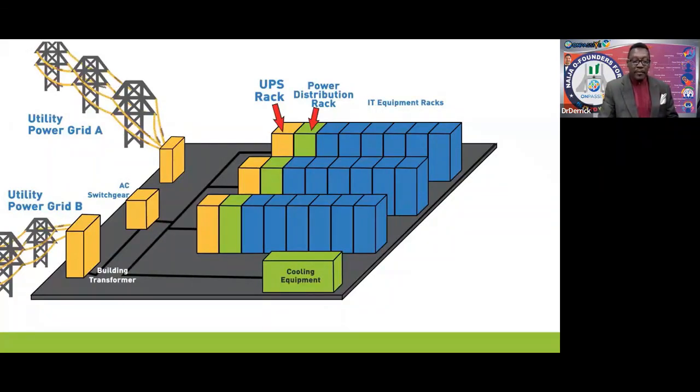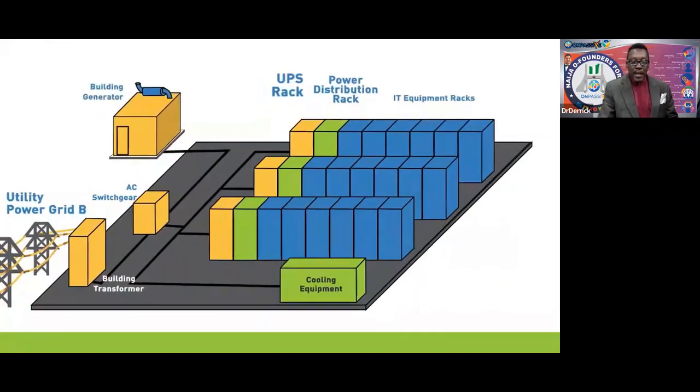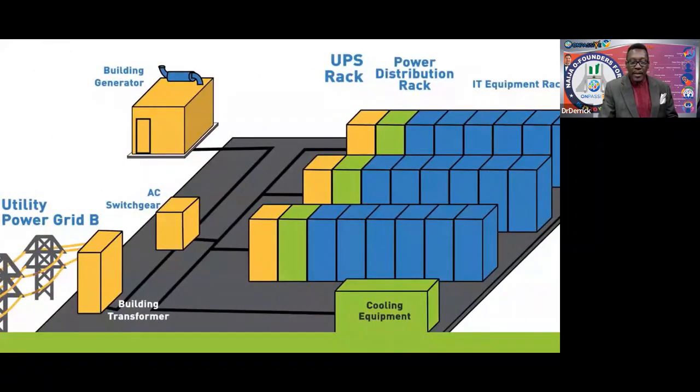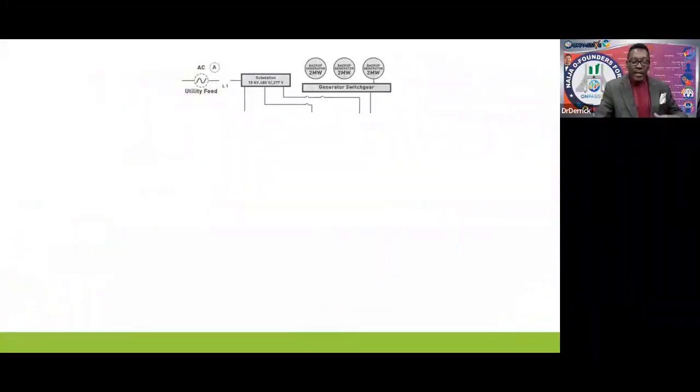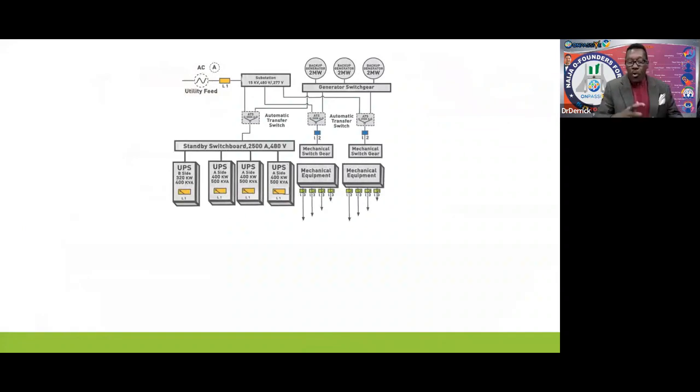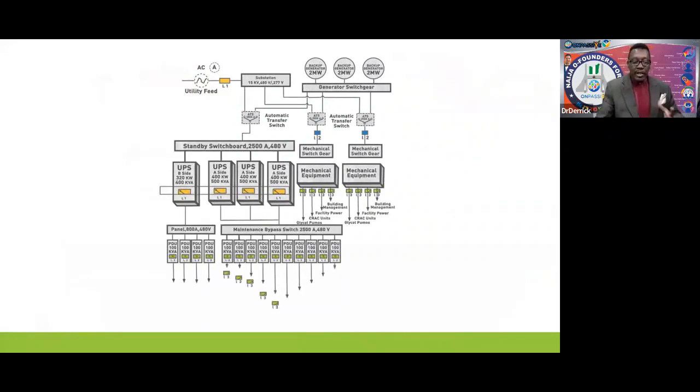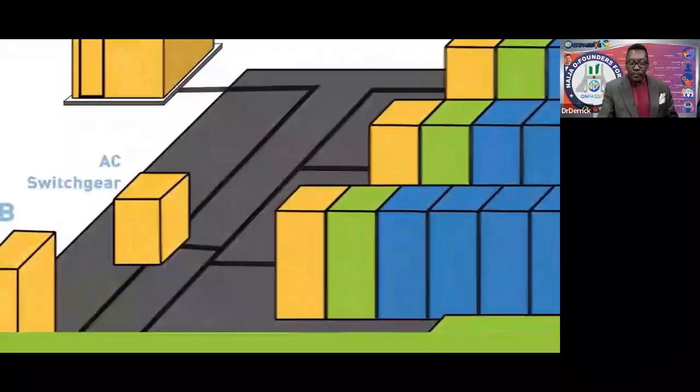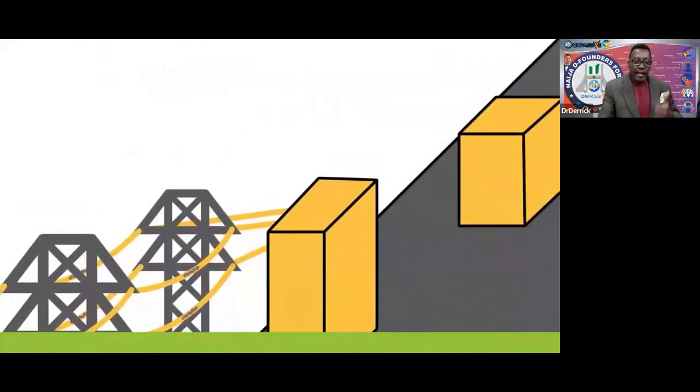The more cost-effective way is to bring in one power grid, backed by diesel generation, and this cost-effective way is a little better. This diagram gives us a layout of the schematics of how it is all put together. So let us take it individually.